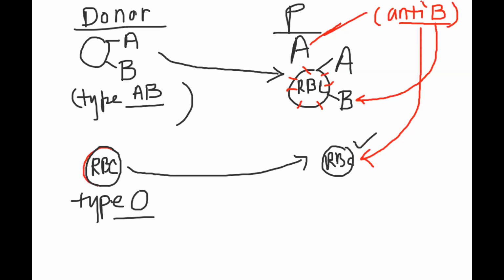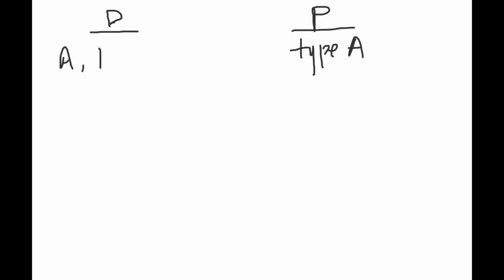Okay? All right. Let's try one more time. This is the donor's RBC. This is the donor side. This is the patient side. The question is, if the patient has type A blood, who can be his or her donors? How can we do that? First, we can write out all the blood type possibilities.